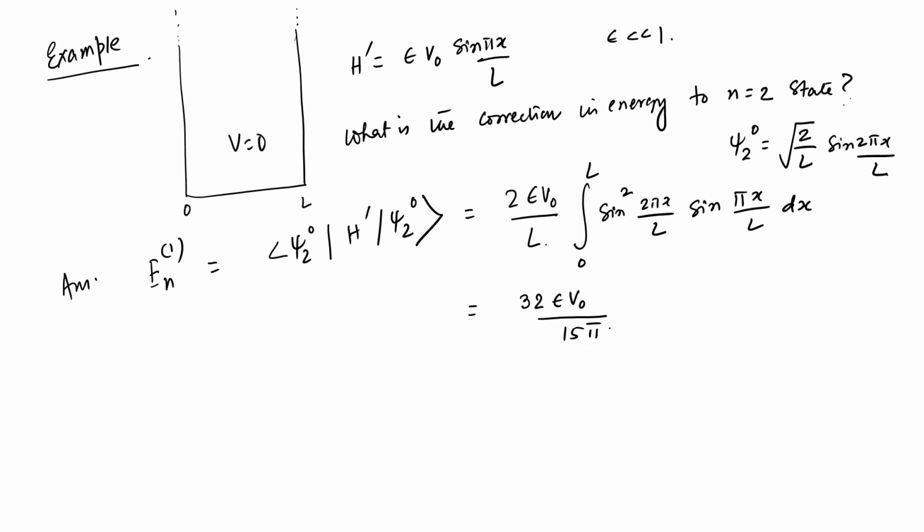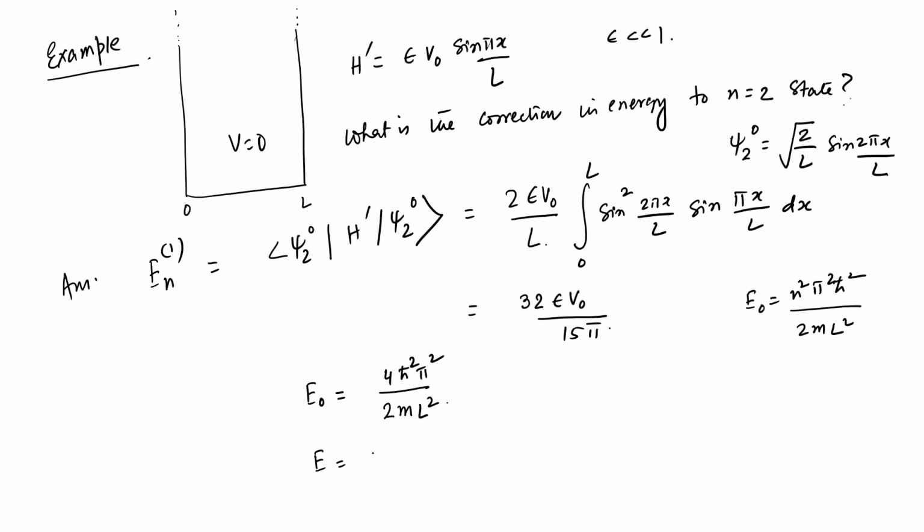The unperturbed energies are given by n square pi square h cross square divided by 2 m L square. I missed a pi square earlier. For n equal to 2, that gives you a 4, so 4 pi square h cross square divided by 2 m L square.